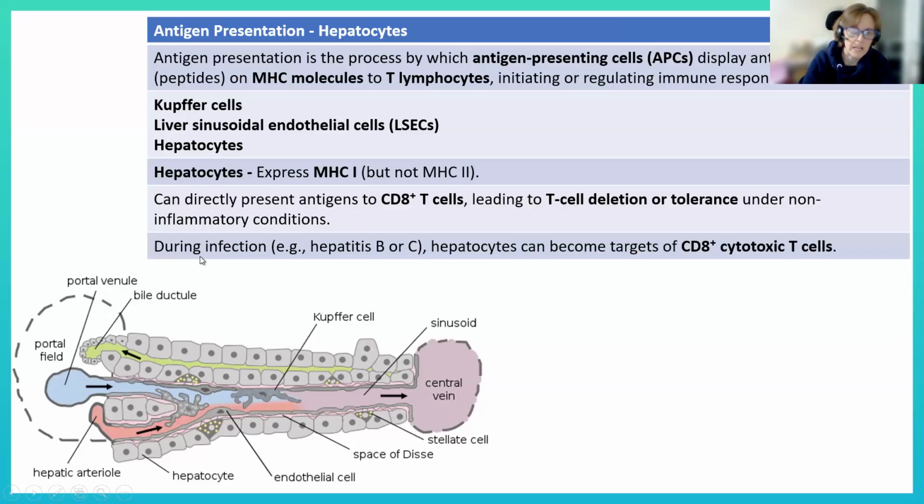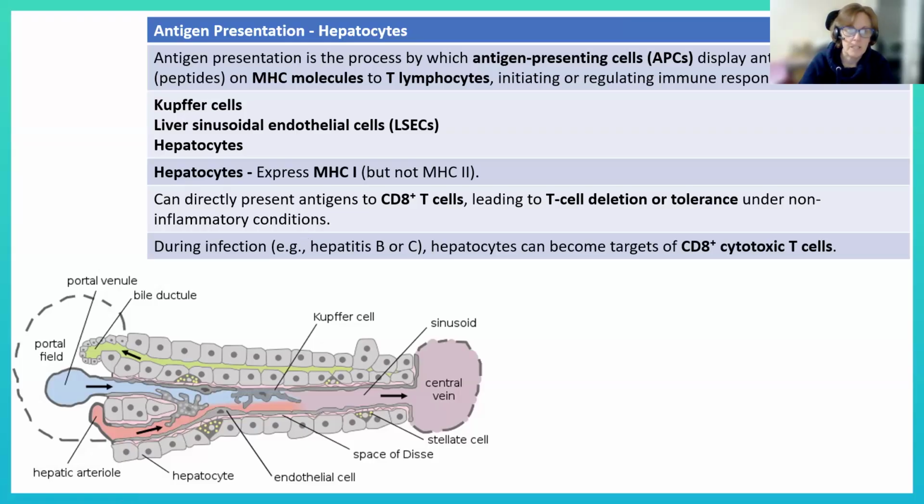One thing to say is that during infections like hepatitis B and hepatitis C, these hepatocytes become targets of cytotoxic T cells, of your own immune cells. So they end up getting destroyed because of how your own immune cells respond to these hepatitis B or C viruses. Hepatitis is a liver inflammation.